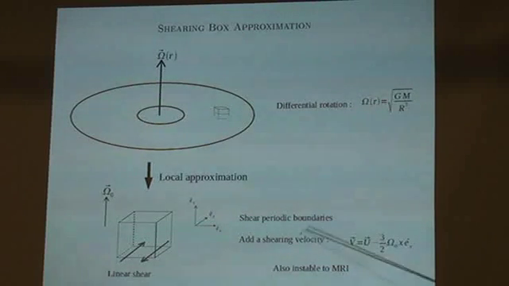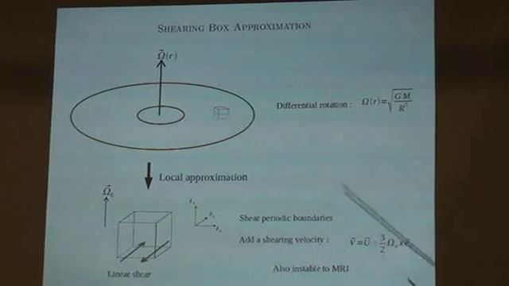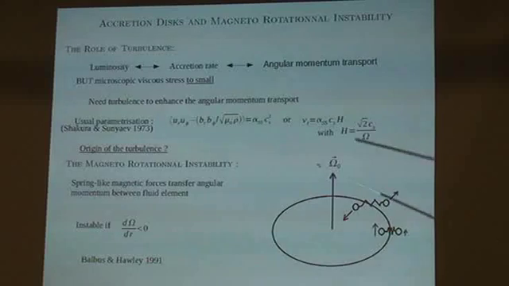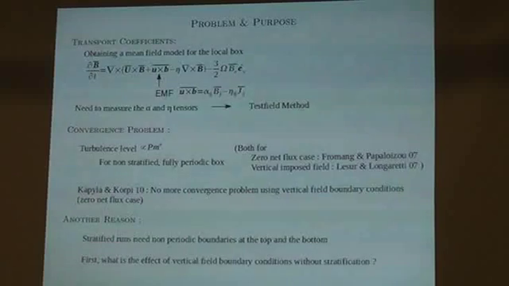All the variables are shear periodic in this sense, but we don't forget in the equations that the true velocity also contains a shear term, which is just a linearization of the differential rotation. In this box, the MRI is also present.